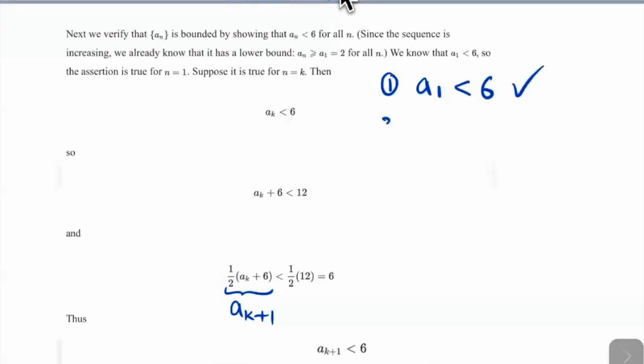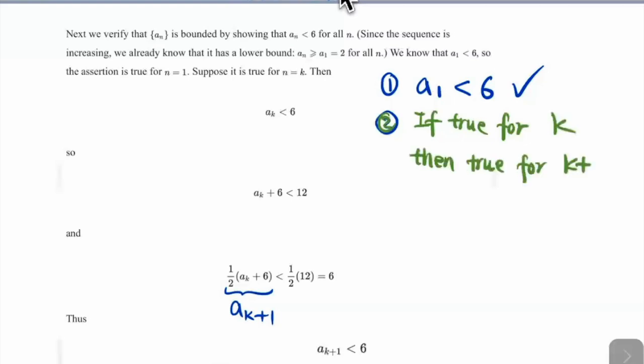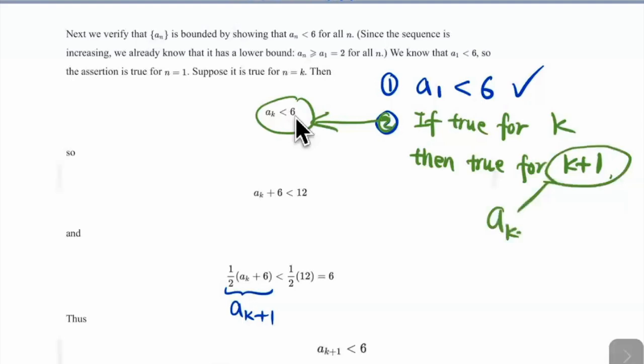Okay, number 2: if it's true for k, then true for k plus 1, right? So now if it's true for k, then you will have a of k is less than 6. How can I prove that this is true for k plus 1, which means a of k plus 1 is less than 6?